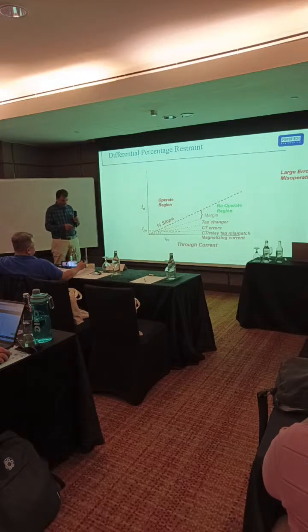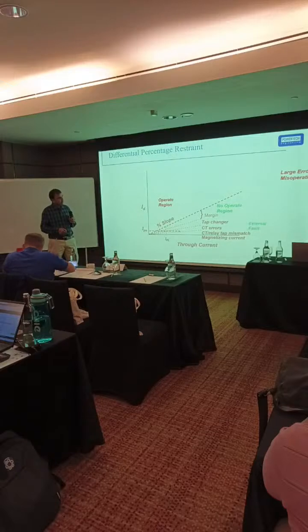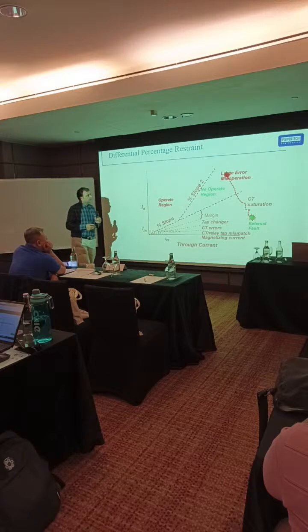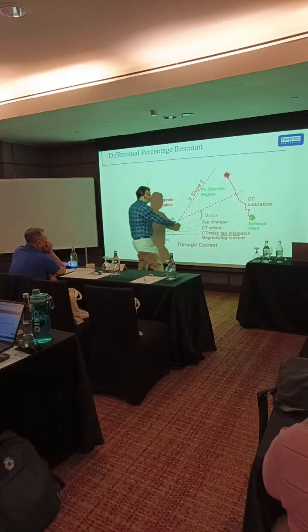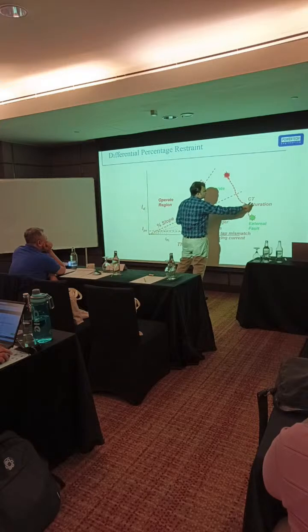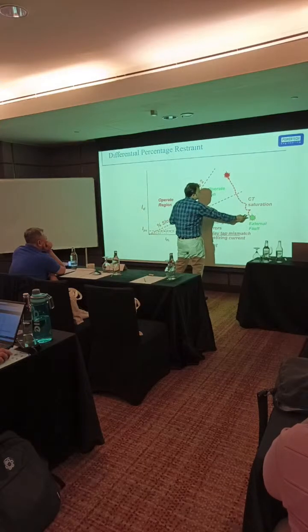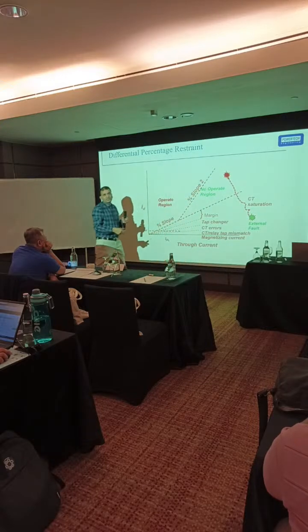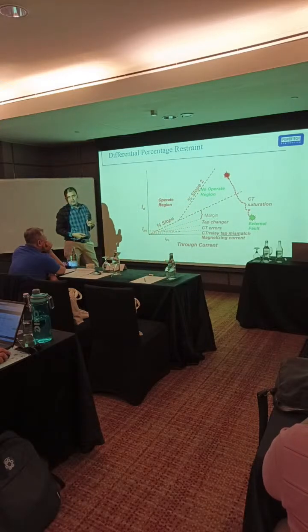Okay, so this first slope is clear, I think. Second is the external fault, CT saturation. You can see that if we have only one slope, then during an external fault or CT saturation case, this point may move here, so this may cause tripping again.